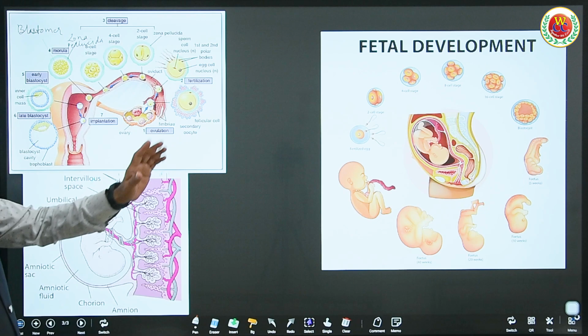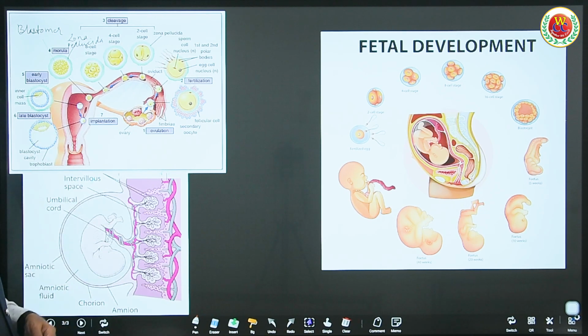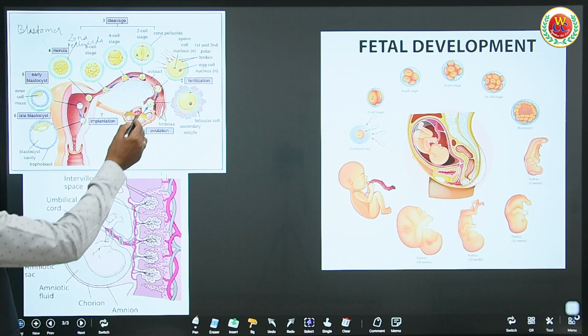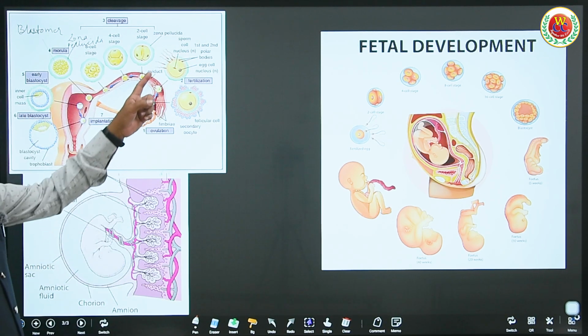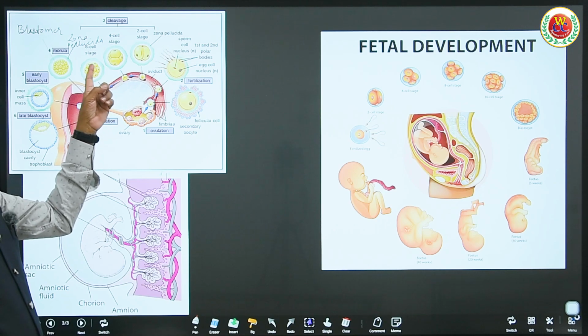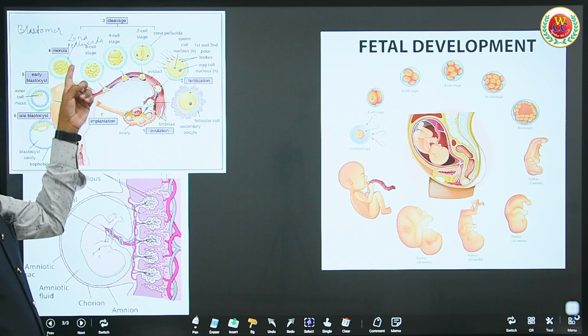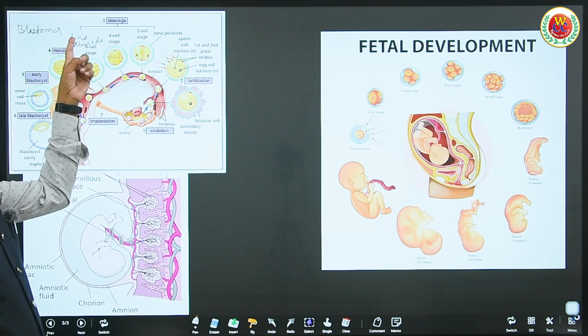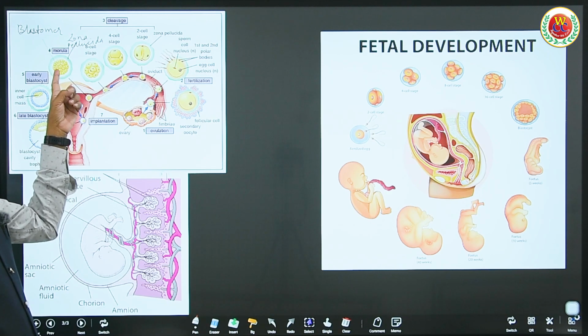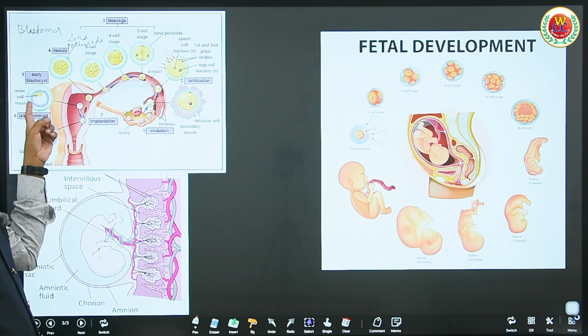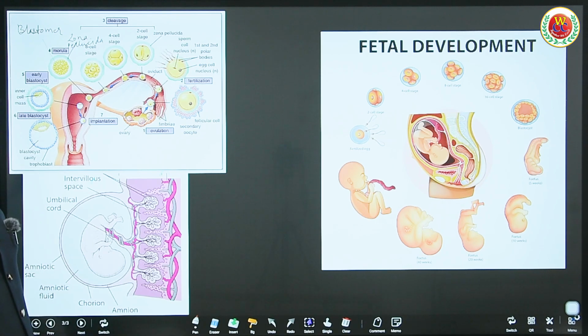This is what we are supposed to learn in the process of development of the zygote before implantation. So with this diagram it is very clear that the zygote divides to form 2 cell, 4 cell, 8 cell and morula stages, with the zona pellucida beginning to erode, and the outer layer of morula cells forms the trophoblast and the inner cells form the inner cell mass.